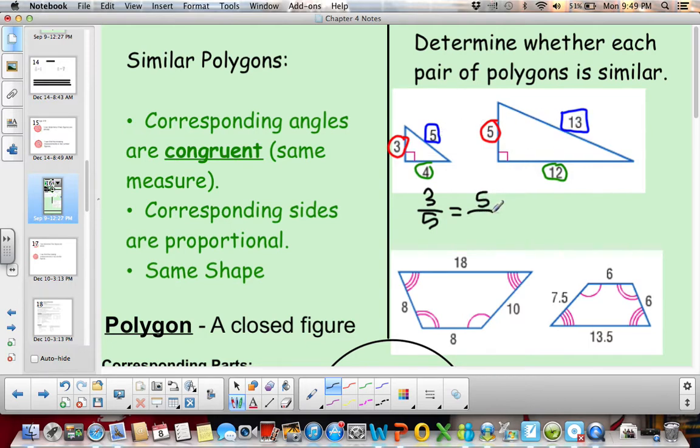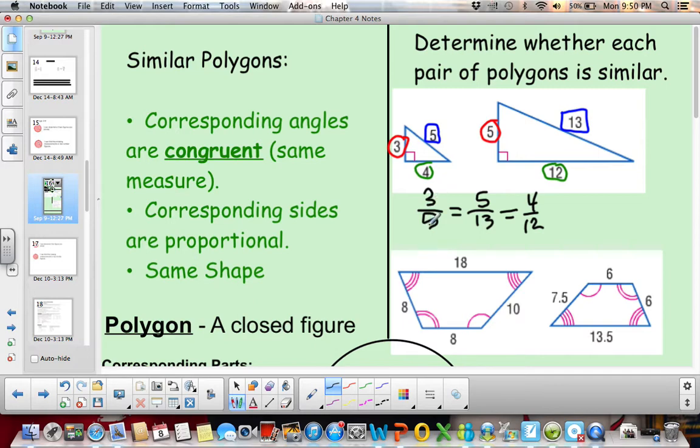Notice that my numerator is always from the same triangle, and my denominators will be from the other triangle. And then we have 4 over 12. So we can simplify these, or we can put them into our calculator to figure it out.